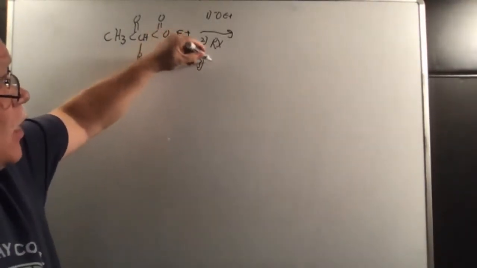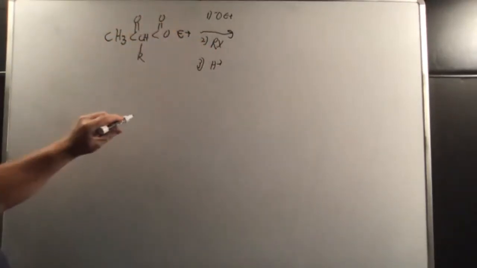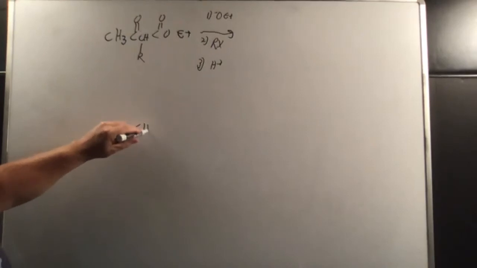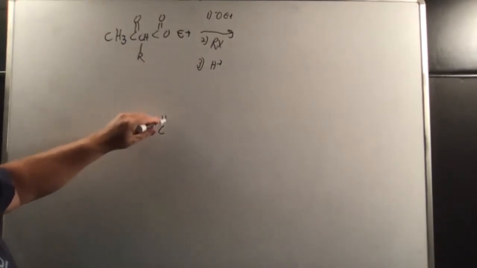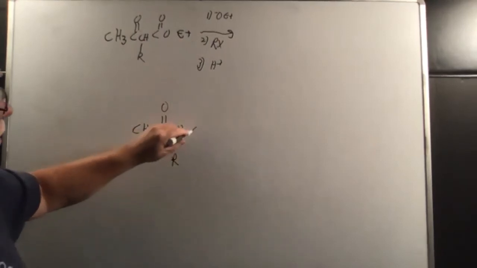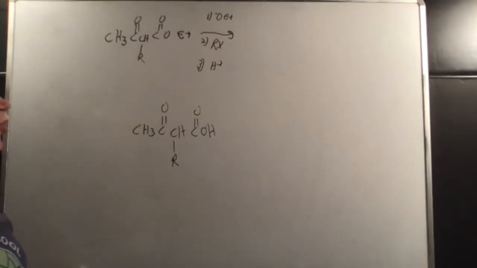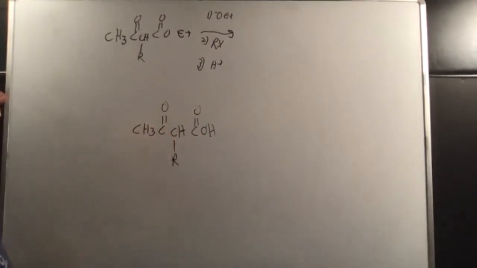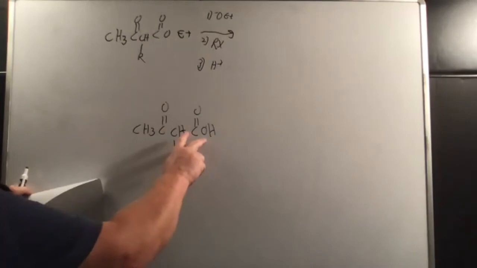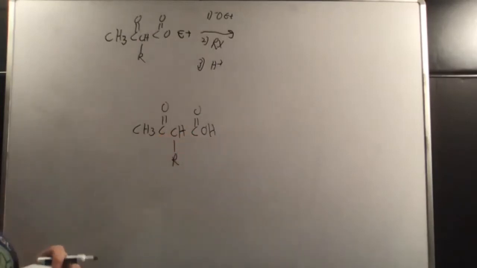Again, when we treat it with acid, what the acid does is it destroys the ester, so we end up with this compound here. It turns the ester back into a carboxylic acid. So what do we have? A beta keto carboxylic acid.